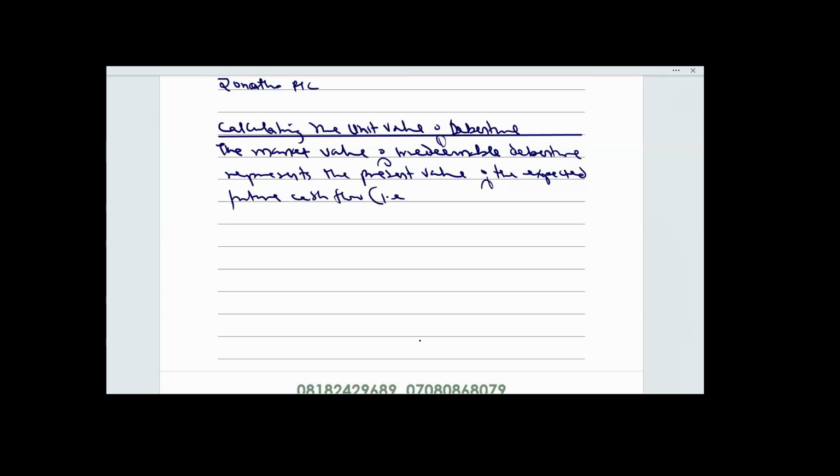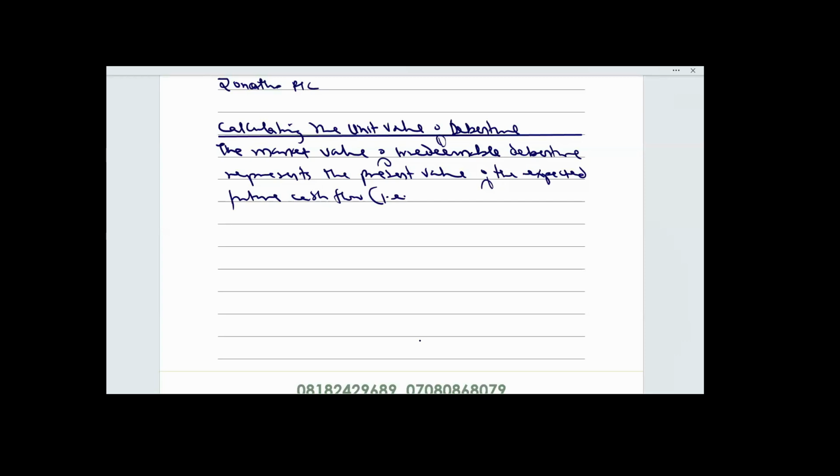That is the cash flow that the debenture holders are expected to earn, because this is irredeemable. Remember, I said irredeemable debt is the one in which the company will pay annual fixed interest, but the principal will not be repaid.